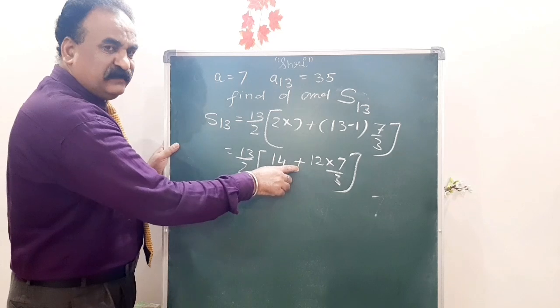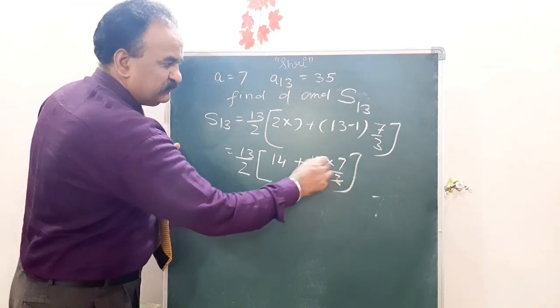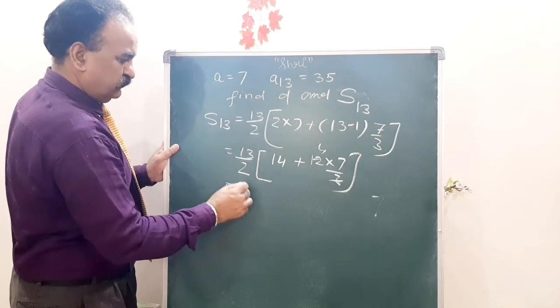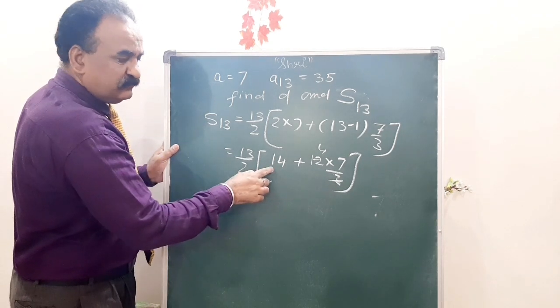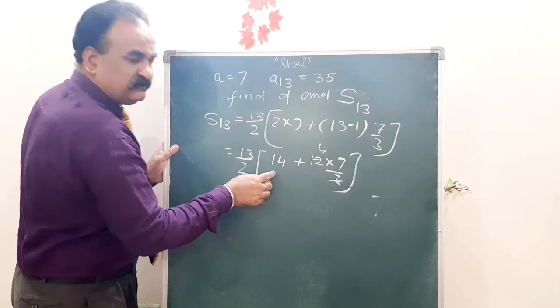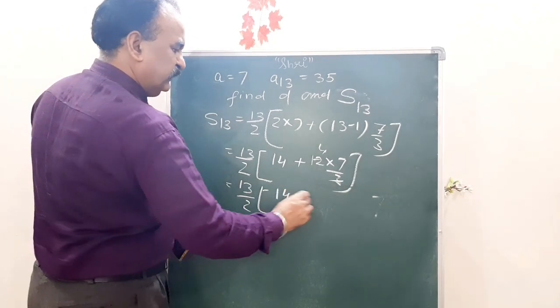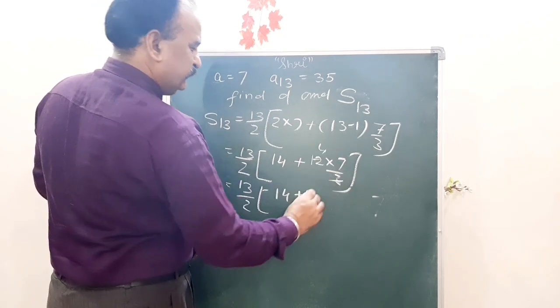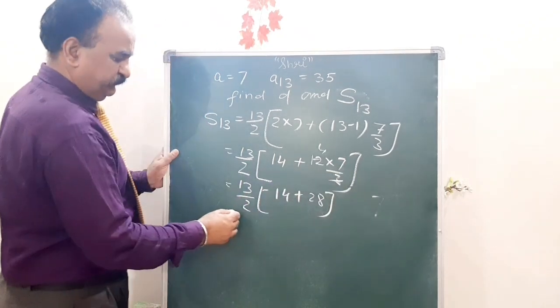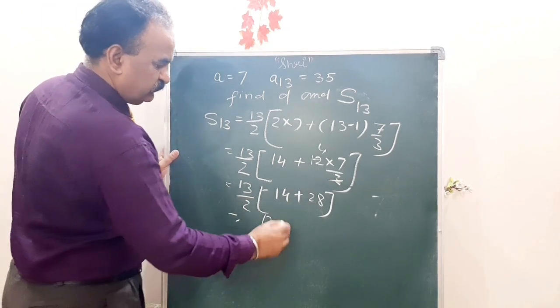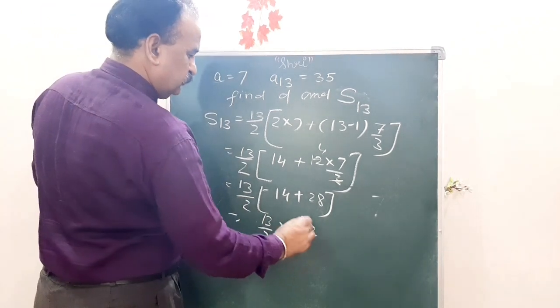Only plus sign is there, that is why you can cancel. 3 1s are 3, 3 4s are 12. Okay? You cannot cancel this. This is separate term and this is separate term. So 13 by 2 into bracket 14 plus 4 7s are 28. It means 13 by 2 into 42.